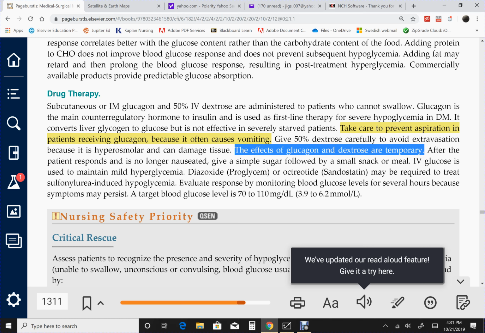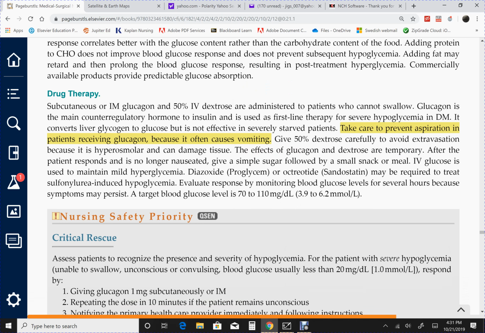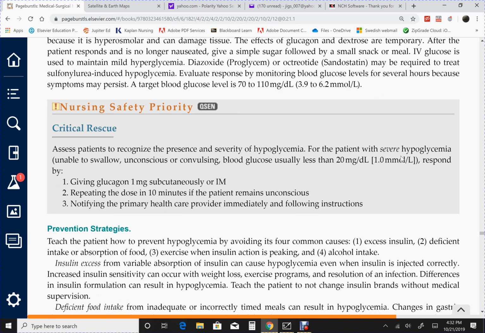The only permanent fix to hypoglycemia is, of course, you give the patient something to eat. So after the patient is now awake, after you give either glucagon or 50% dextrose, once the patient's fully awake and no longer nauseated, then give them either a small snack or a meal would be best. Okay, I hope that's clear enough.